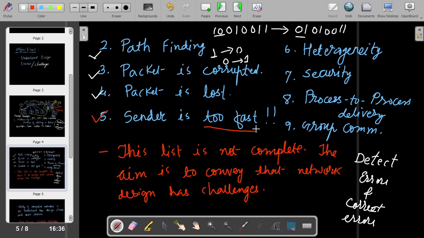So I am not going to talk about the details of all the issues, because studying computer networks is nothing but understanding these issues in detail and then studying their solutions. So the entire syllabus is revolving around, or evolving around, these issues.